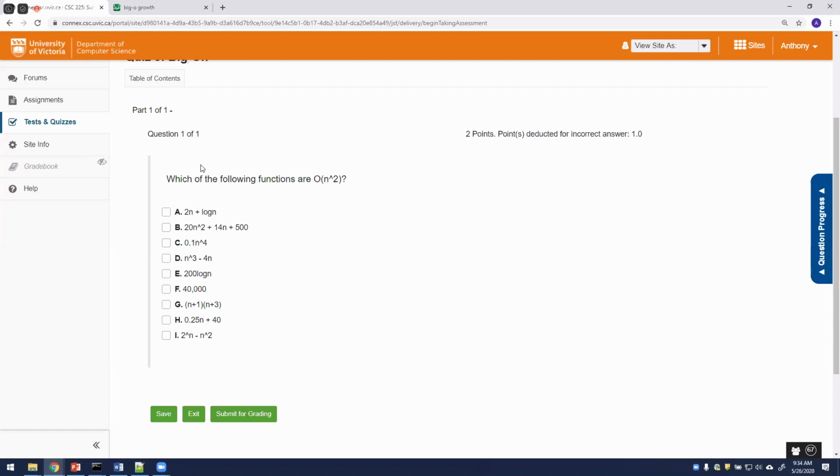With c equal to 4 and n not equal to 1. Any questions about this?